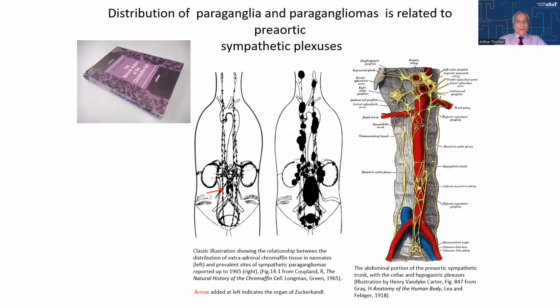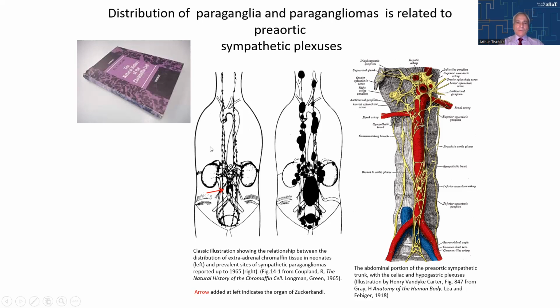Between World War I and World War II, there was a long hiatus in the study of chromaffin cell biology. And this field remained essentially dormant until the 1950s, when it was reawakened by an anatomist in England named Rex Copeland. Copeland published many papers, but he summarized them in a classic book called The Natural History of the Chromaffin Cell, which he published in 1965.